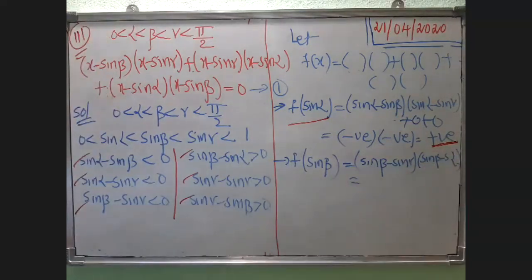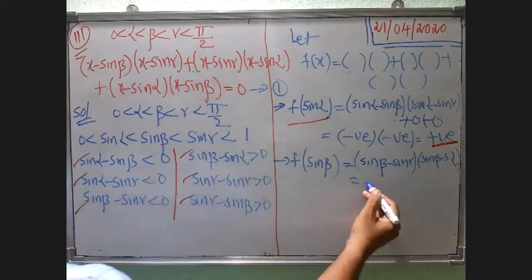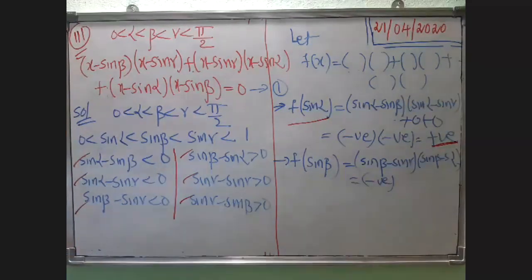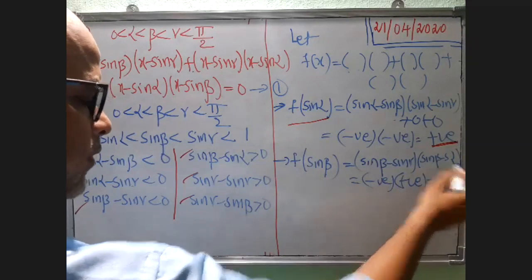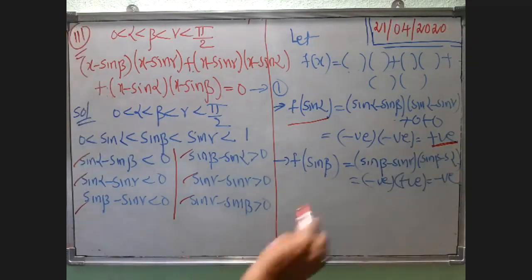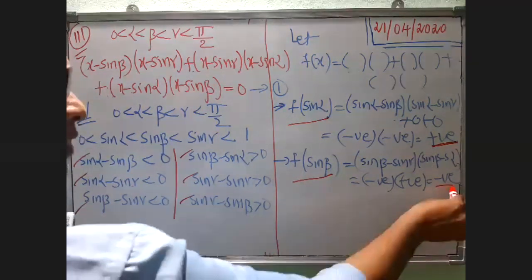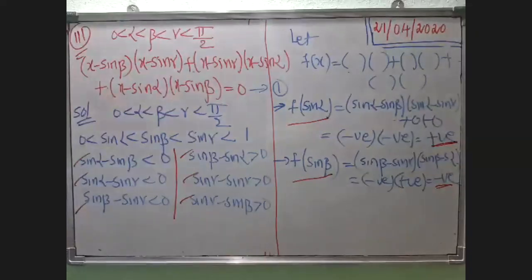Sin beta minus sin gamma becomes negative. Sin beta minus sin alpha becomes positive. Negative into positive is negative. So f of sin beta is negative, for x being sin beta.